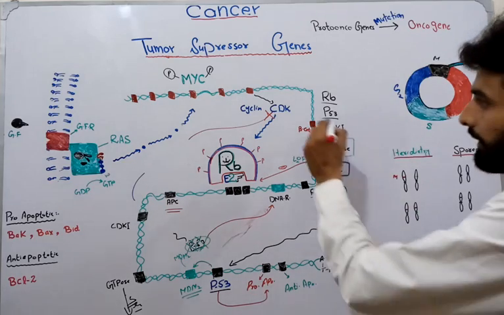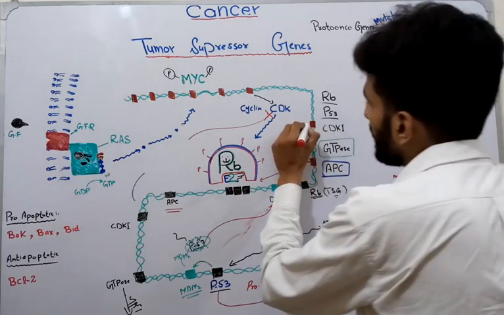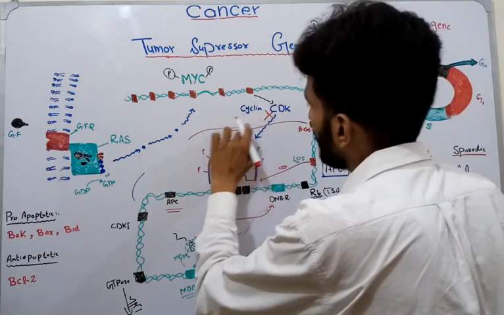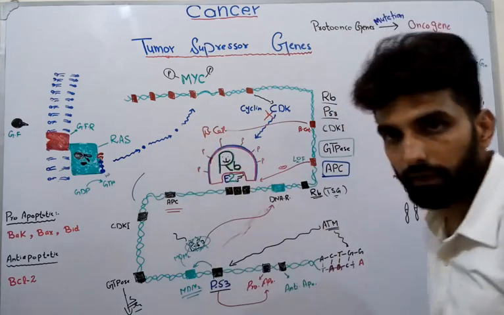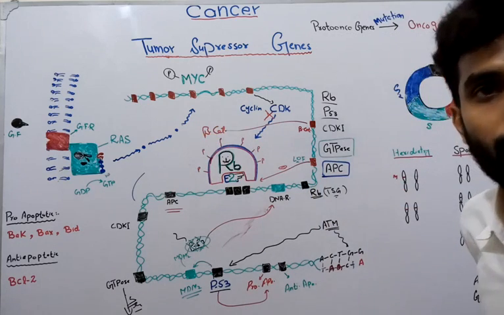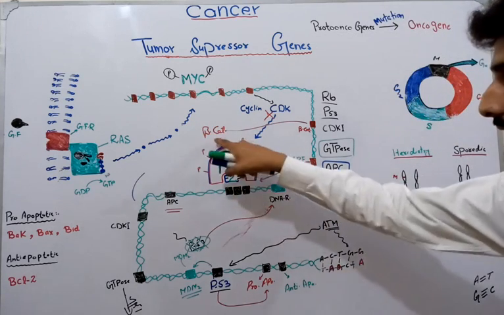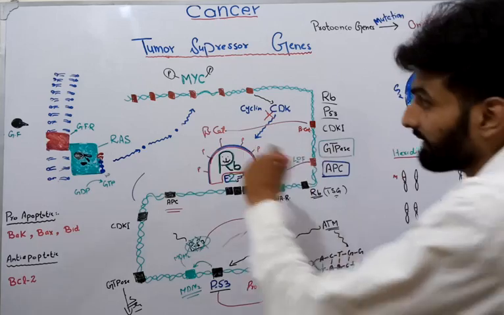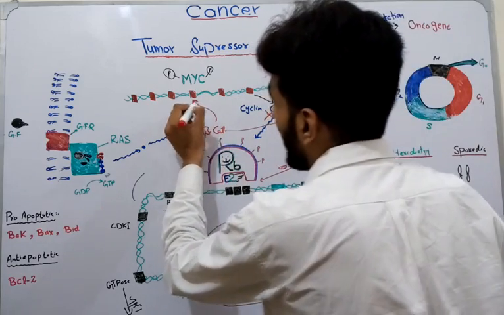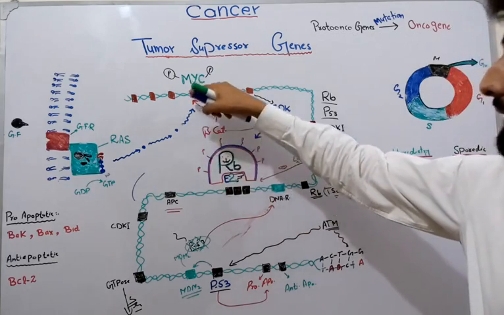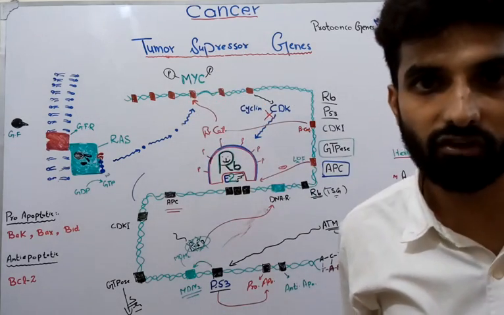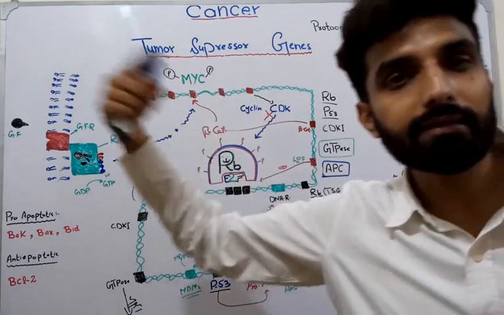Now what will happen? The product of this beta-catenin gene will obviously be the beta-catenin protein, and this beta-catenin protein is very helpful. It's also a transcription factor, and it is a transcription factor for the MYC gene. If beta-catenin is increasing the expression of the MYC gene, it means it will increase cell proliferation.